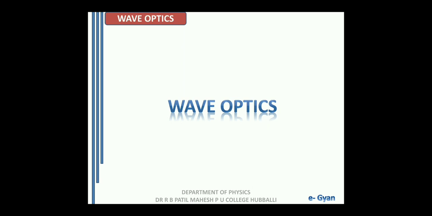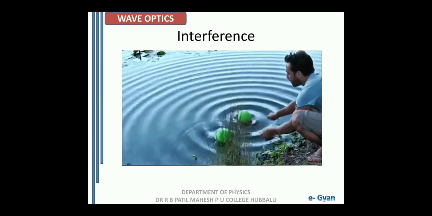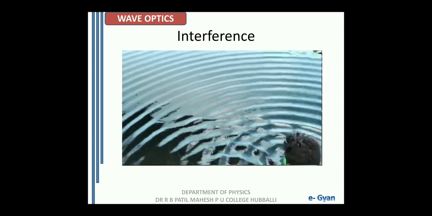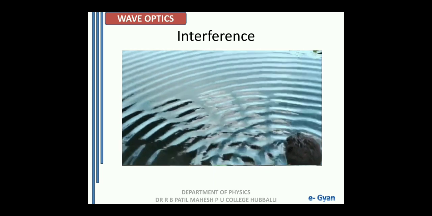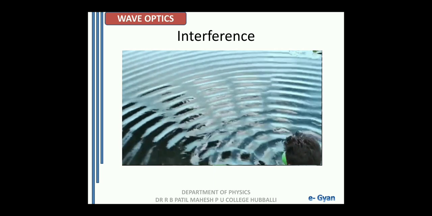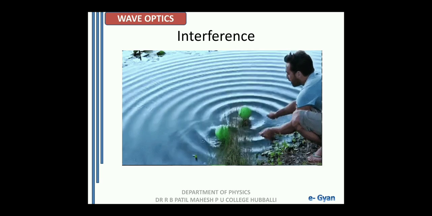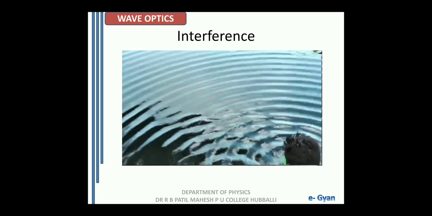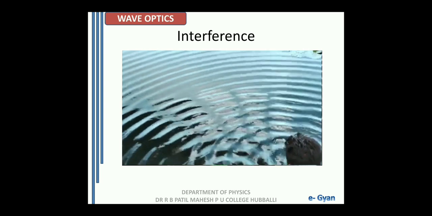Now here, if you see this person, he has two balls using which he is creating waves on the surface of the water. The two balls are being vibrated similarly.